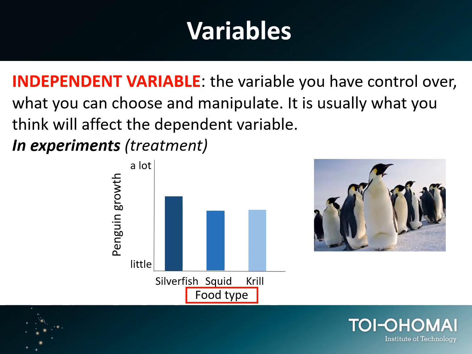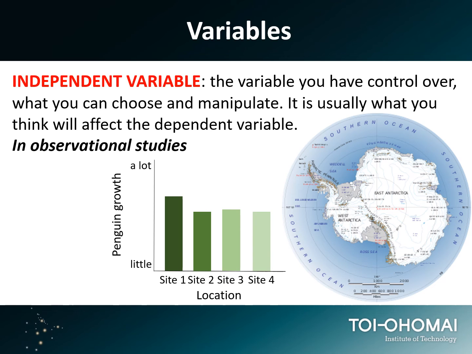We'll give them silverfish, squid, or krill, and that's all those individual groups get to eat. And we're going to measure how fast they grow. In the experimental design, we manipulated their diet, and that was the independent variable, the type of diet.